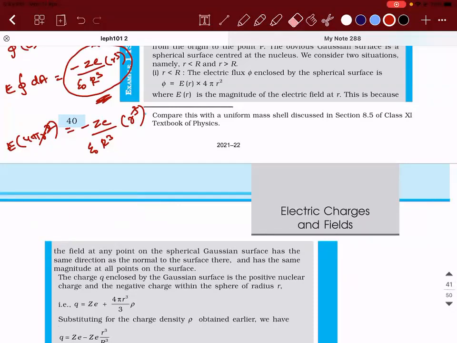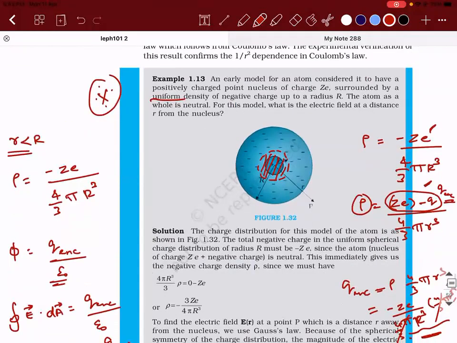So how much is the value? E is equal to minus ZD divided by 4 pi epsilon naught small r divided by capital R. Charge includes, I added both these values, the ZD and that small amount of charge.